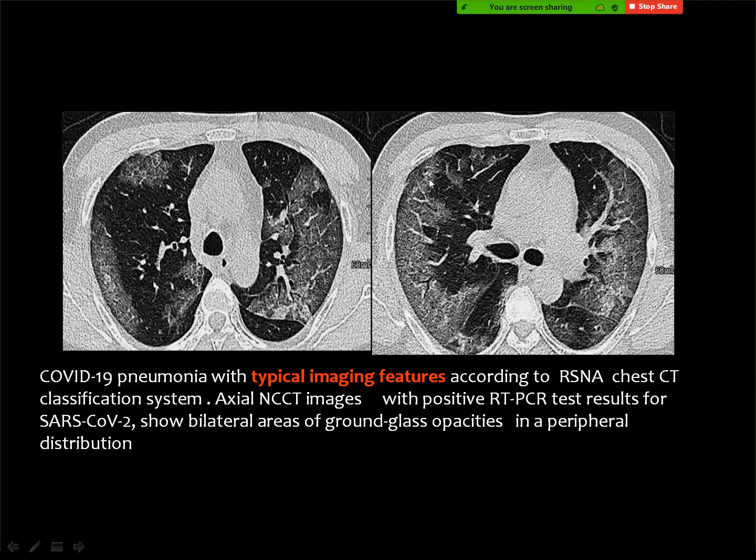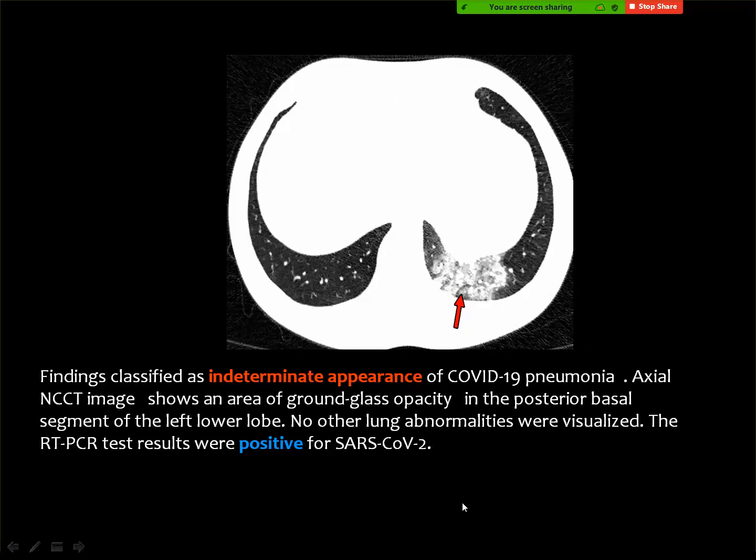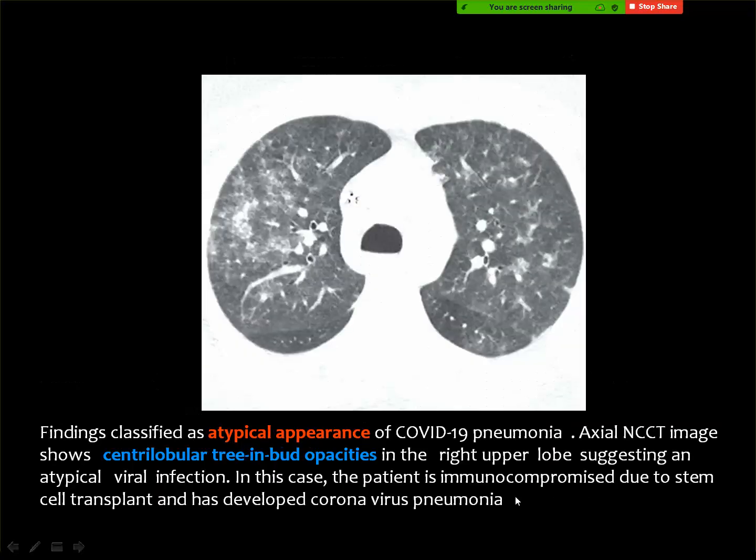This is considered the typical appearance, where you see ground glass patches peripherally located more towards the lung bases. And this is what we call indeterminate appearance, where you have only one patch of ground glass opacity, and you need further evaluation by the PCR test or other laboratory test to confirm the possibility of COVID-19.